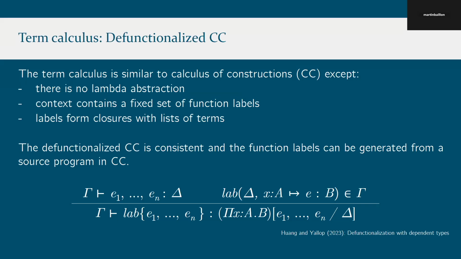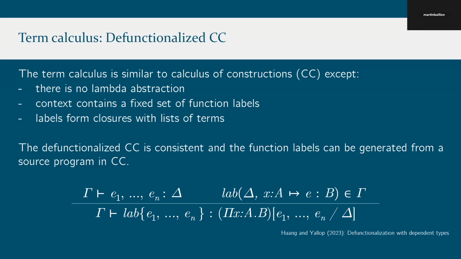Very sad, but there is a fixed set of what are called function labels or code labels in the context, and you can only form a function by pairing this label with a list of terms to form a closure.